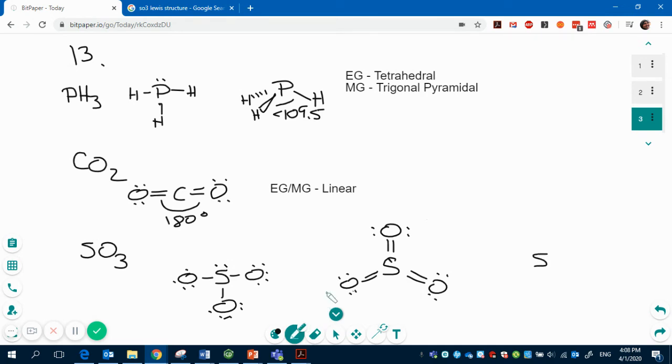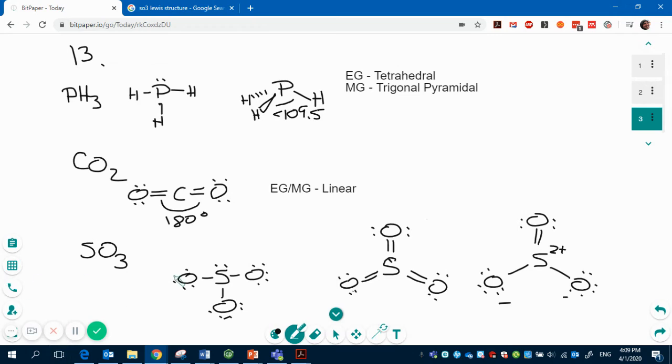Alternatively, we could have this version here, where the sulfur is 2 plus and these oxygens will each be minus.